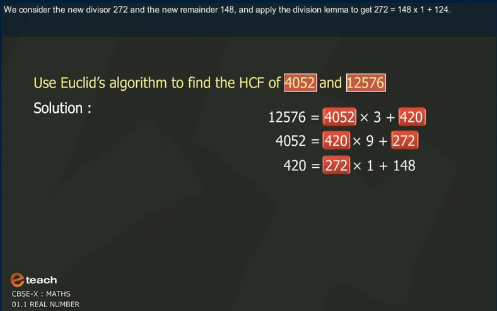We consider the new divisor 272 and the new remainder 148 and apply the division lemma to get 272 = 148 × 1 + 124.